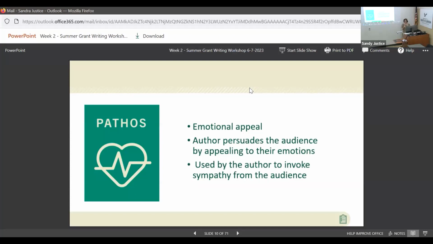We want them to read it, understand it, and agree that this is something that we need to do. We need to pursue this research. This project needs to happen, these ideas. And that's essentially what we want to make sure that we get across in our grant. Funders don't fund people, they fund ideas. So you want to demonstrate the appeal of your idea.